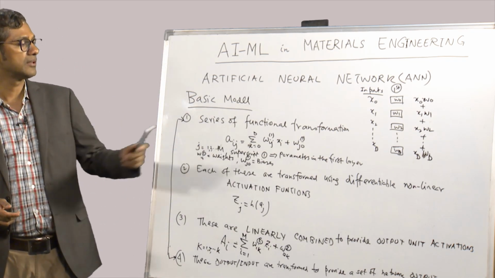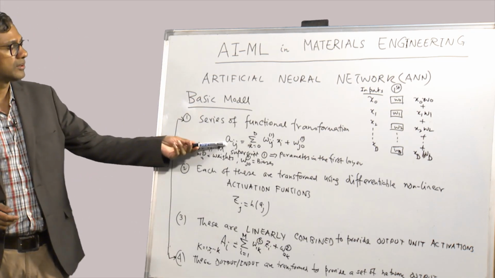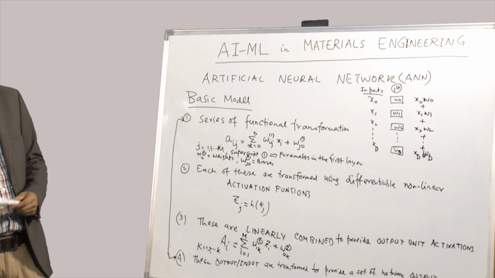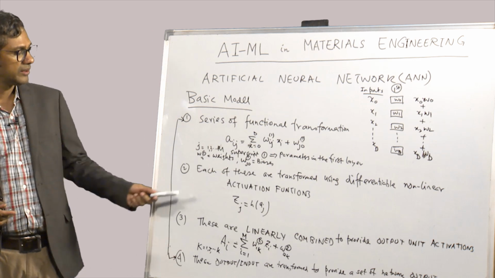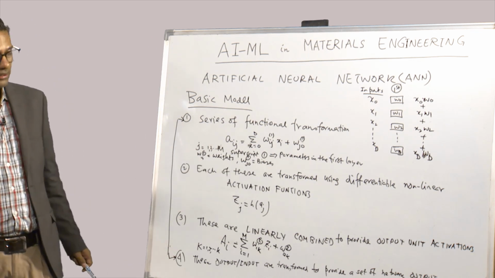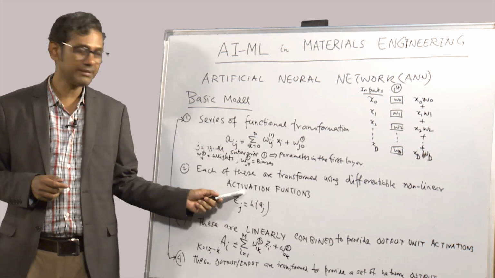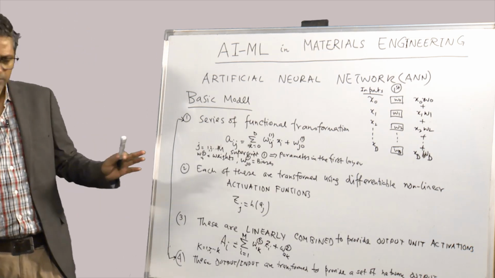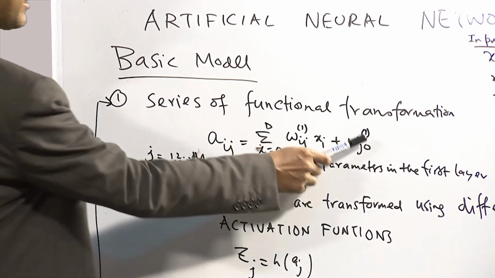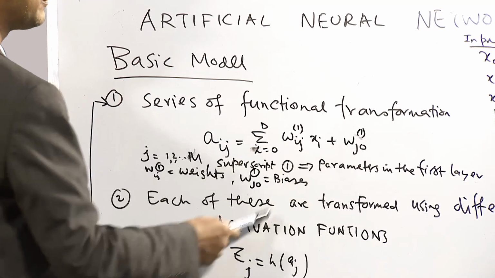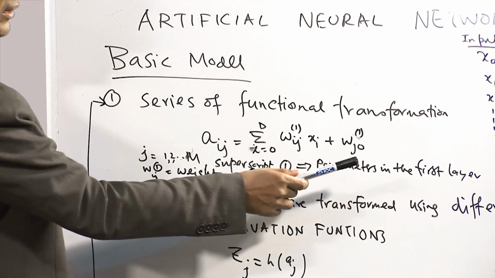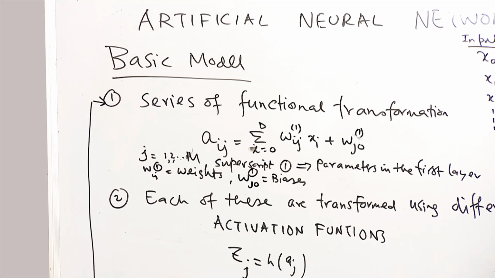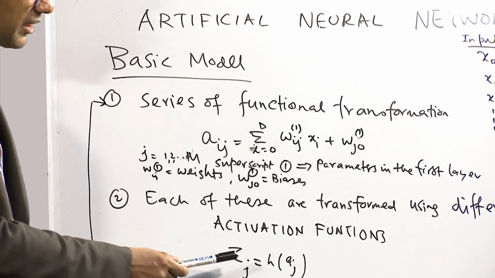That is how I get a first functional transformation, correct. And once this is done, these a_j's are then transformed using differentiable nonlinear activation functions. Okay. Because you have already done linear additions by putting these weights, you do not do linear transformations again. So, you have to do a differentiable nonlinear transformation. Why is it differentiable? Because only then can you find out the errors, otherwise you can't find out the errors.